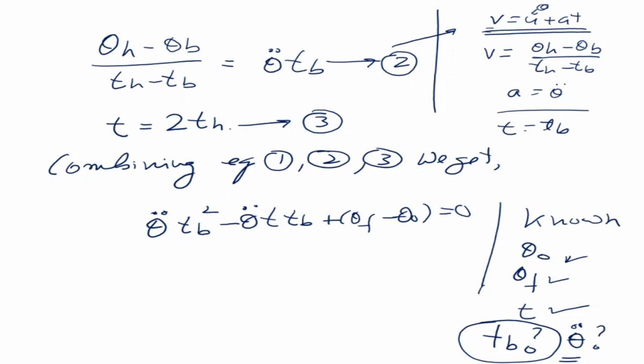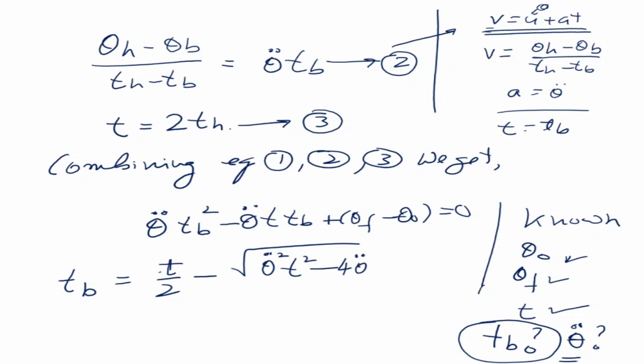Okay. So in this equation, it is tb squared minus so and so. If you find the value of tb, this is a second order equation. So if I find the root, tb is equal to t by 2 minus the root of p squared minus 4mk, that is theta double dot squared into t squared minus 4 theta double dot into theta f minus theta naught, divided by 2 theta double dot.